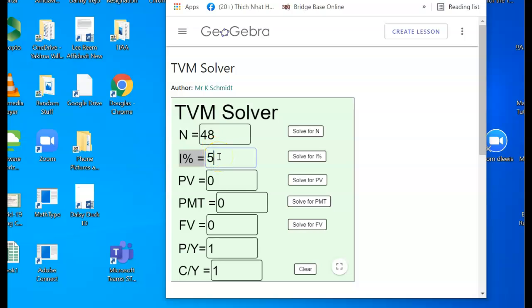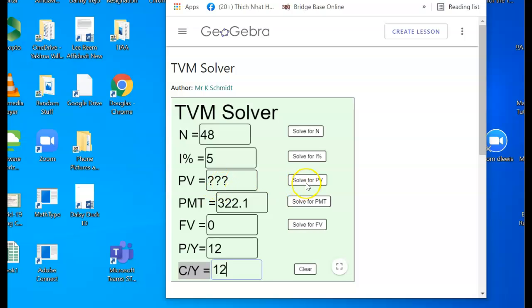The interest rate was 5%. The present value we do not know; that's the new loan amount. The payment was $322.10. The future value we want to be 0, because at the end of 48 months, whatever we owe should be down to 0. And this is 12 and 12 because these are monthly.